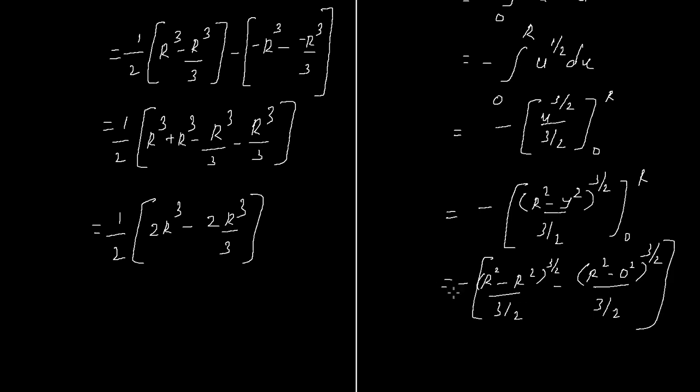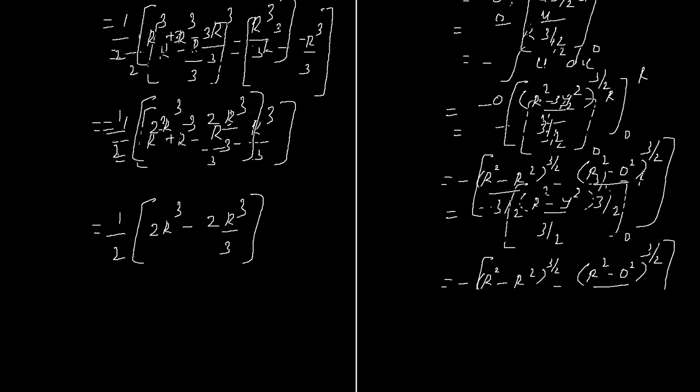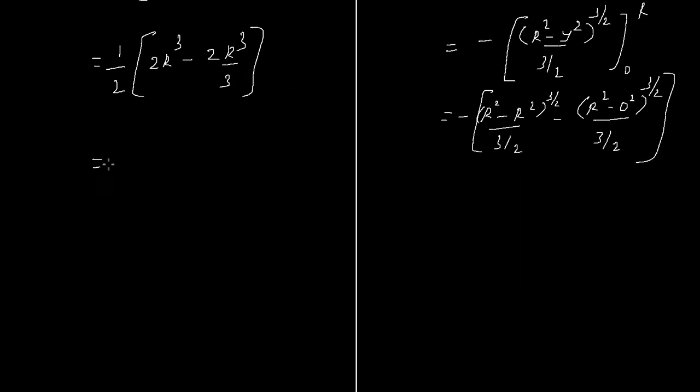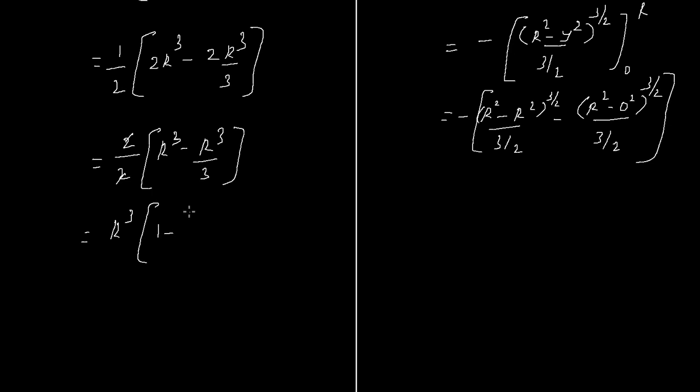You have a minus sign outside there, and you can take this 2 out, so that will give you 2 by 2 r cube minus r cube by 3, that is equal to r cube into 1 minus 1 by 3, and that will give you 3 minus 1, that is 2r cube by 3.